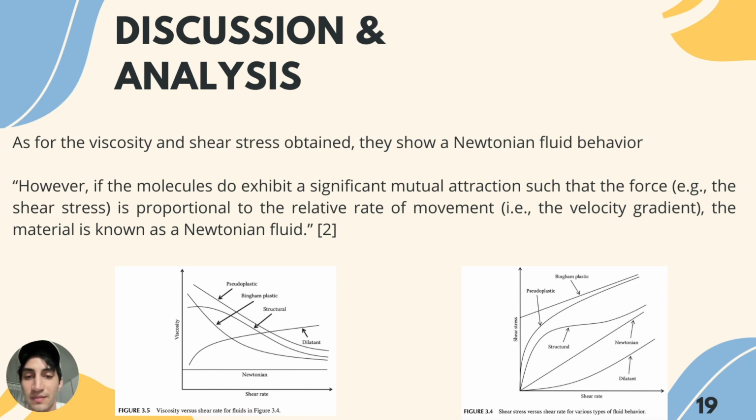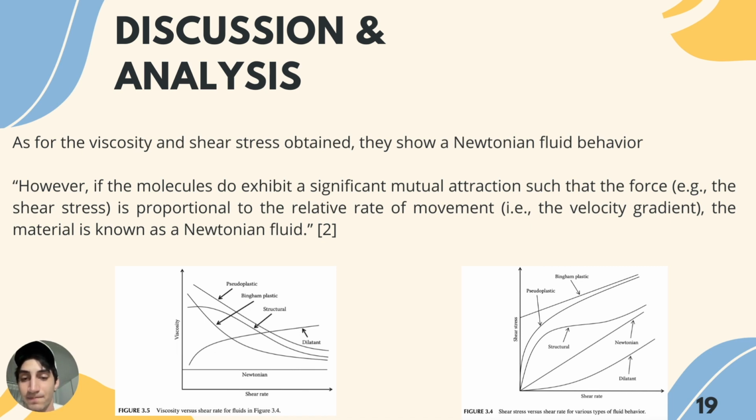Now we will discuss the behavior the fluid takes when we add a solvent. According to Ron Darby in his book, if the molecules do not exhibit a significant mutual attraction, such that the force, the shear stress, is proportional to the relative rate of movement, the velocity gradient, the material is known as a Newtonian fluid.